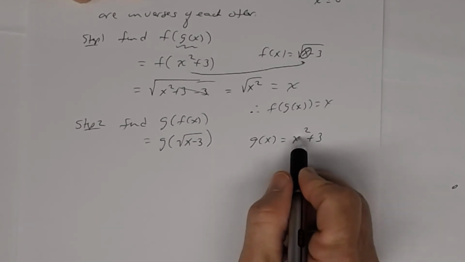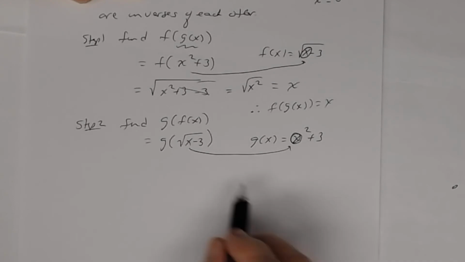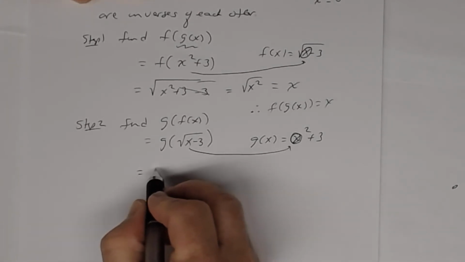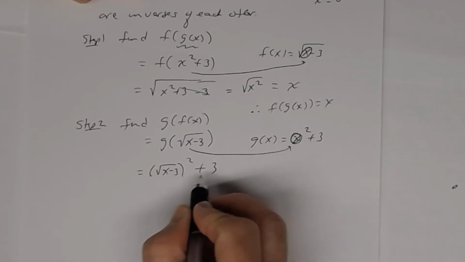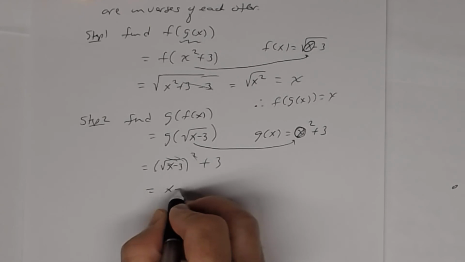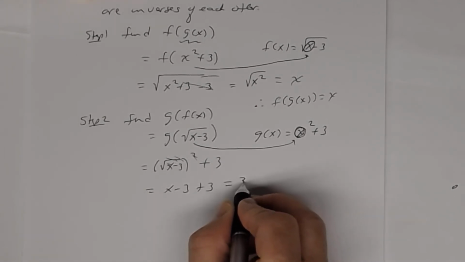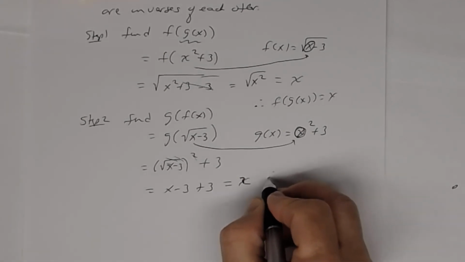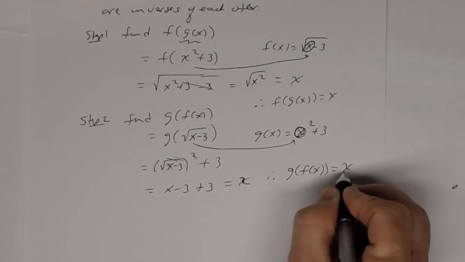And in place of this variable x, I'm going to substitute the square root of x minus 3. So I get the square root of x minus 3, squared, plus 3. The square and the square root undo each other, so you get x minus 3. But you're adding 3, and notice x minus 3 plus 3 is equal to x. So therefore, g of f of x is equal to x.